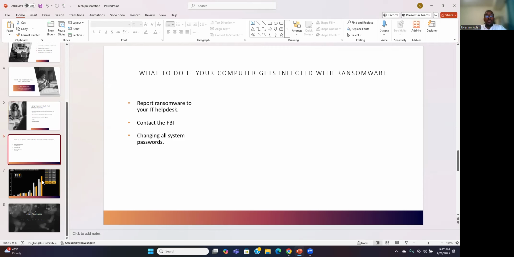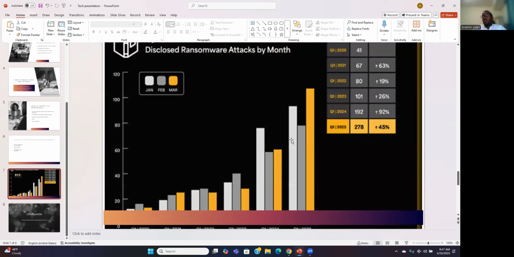So that is that. If we look at this chart, it shows how rapidly ransomware attacks are increasing each year. If you look at it here, you can see the first quarter of 2021 had only 41 incidents. And you can see that each year after 2021, it was more than double or triple the incidents coming from ransomware attacks.